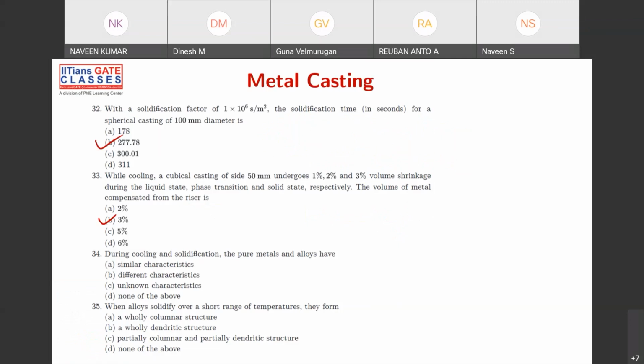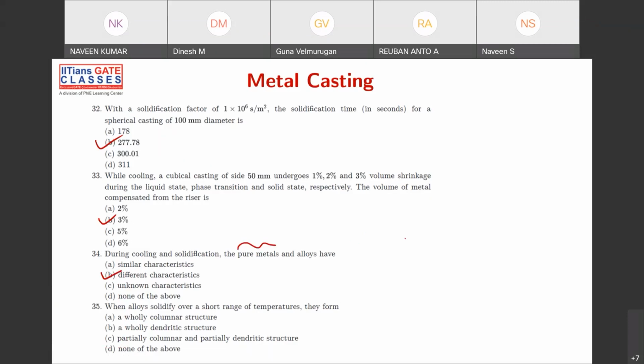During cooling and solidification, the pure metals and alloys have. Yes, different characteristics, obviously. Good. Why is it different?